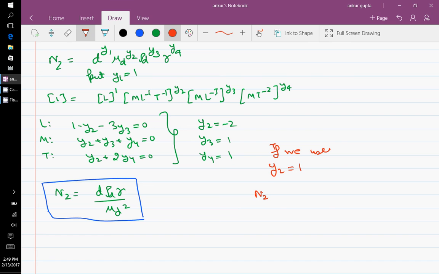And you can find n2 prime, which is something similar to n2. You will find that it comes out to be mu d raised by d rho d gamma. If you use y2 equal to 1, this is the solution you will get. And these n2 prime and n2 are dependent on each other, so we can only use one of them, because n2 prime is actually 1 by square root of n2.